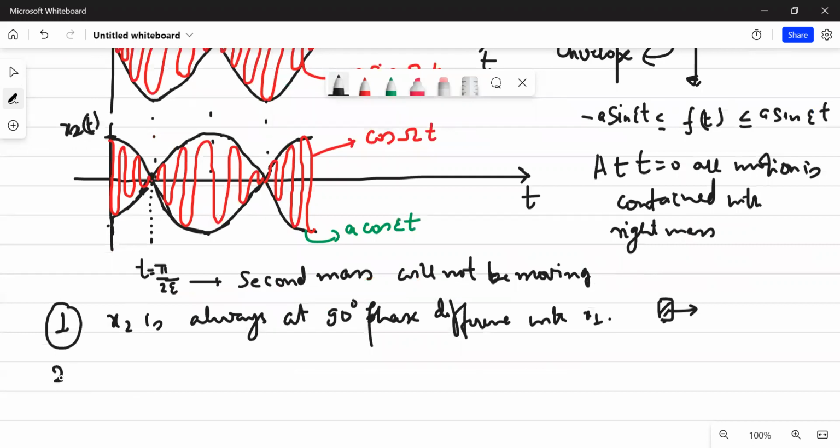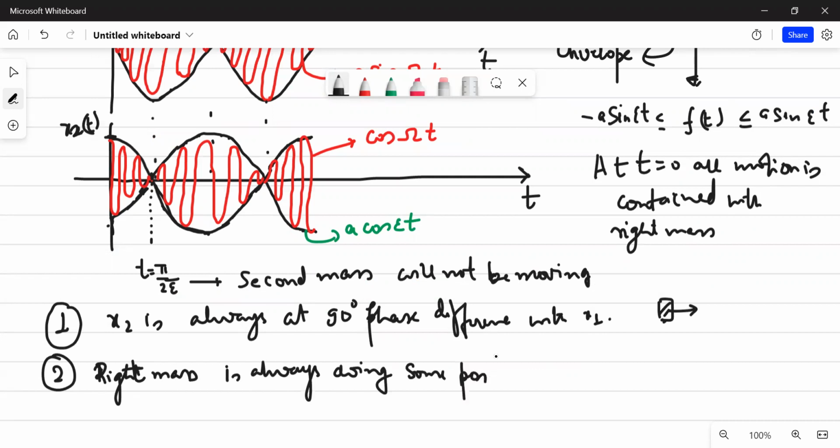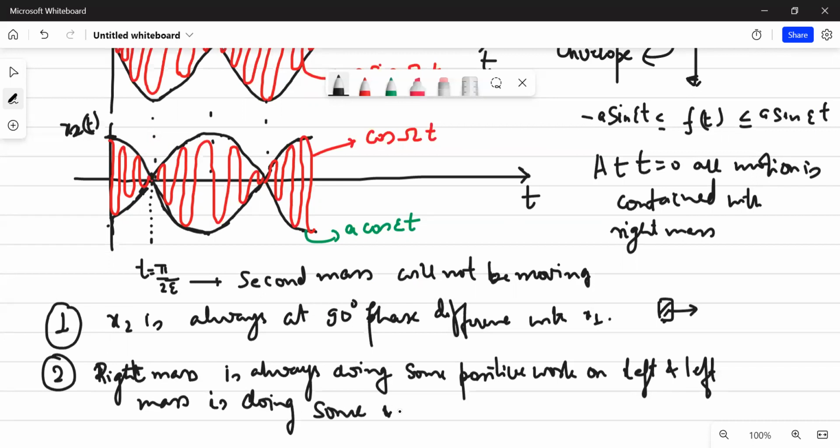I am not very sure how technically right I'll be, but you can say that the right mass is always doing some positive work on the left mass, and the left one is doing some negative work. How do we understand this? One minute, let's understand negative work.